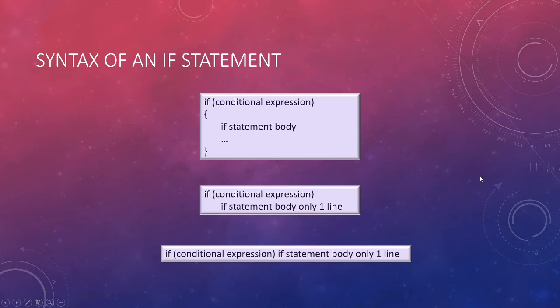Here's the syntax of a C# if statement. This if statement is a single selection. It's only going to do anything if a given condition is true. So we start out with the keyword if, and it is lowercase. And after the keyword if, we have our conditional expression, our test condition. And that conditional expression is enclosed within parentheses.